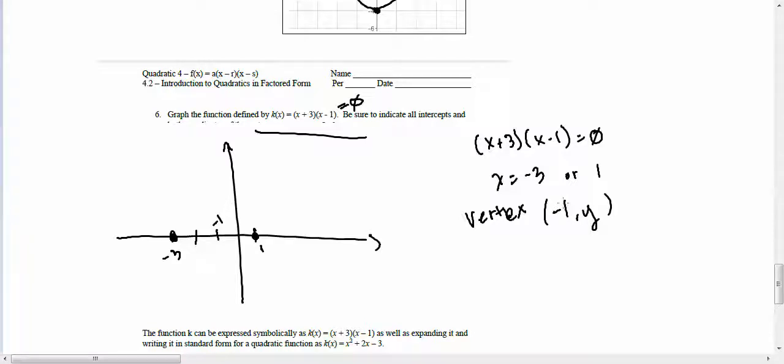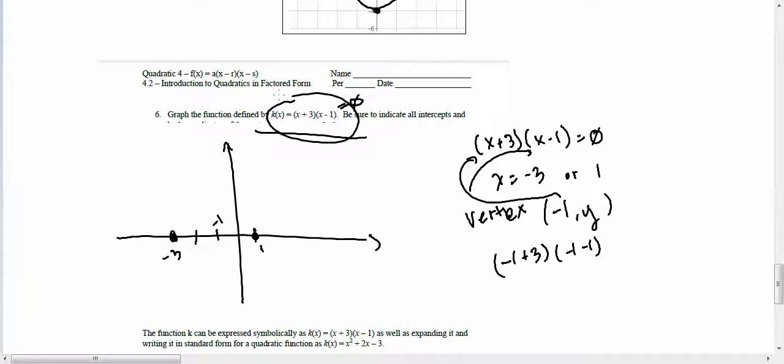Cool? How do I find the y value if I know what the x value is? It's very simple. All you do is you plug that x value back into your original equation and see what it's equal to. So that's negative 1 plus 3 times negative 1 minus 1. You guys see what I did there? I just took my original equation and replaced the x with negative 1 because that's what I want to find out.